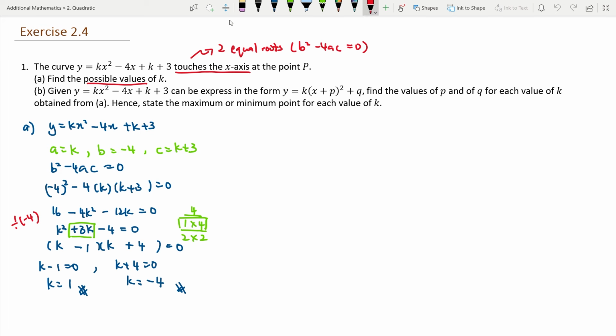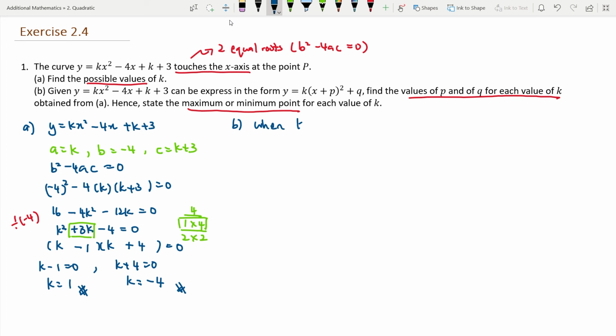There are two things that we need to do. The first one is to find the value of p and q for each value of k that we obtain from A. And then we need to state the maximum or minimum point for that particular k value. We will do this one by one.